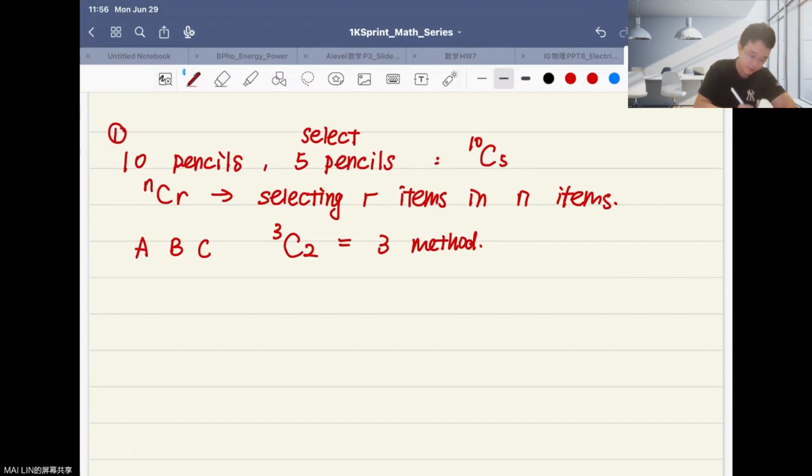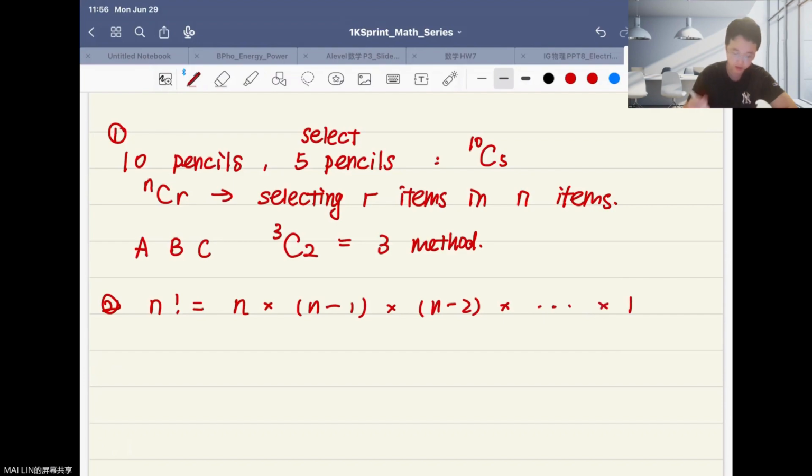And secondly, we have to learn about the factorial. Okay, so factorial means n factorial. It can be considered as n times n minus one times n minus two, then times and so on down to one. Okay, that is for n factorial. So for example, 4 factorial means 4 times 3 times 2 times 1.